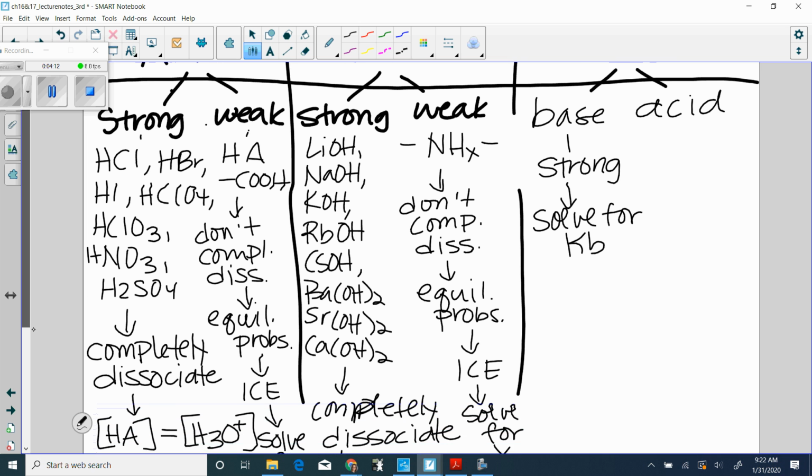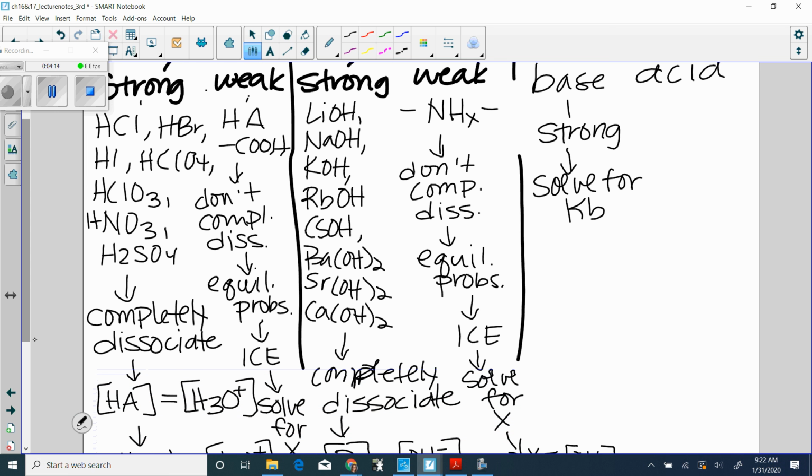This is a secret equation we haven't really used yet. Kw equals Ka times Kb. Kw is 1.0 times 10 to the negative 14th. We're going to solve for Kb. Once we have Kb, then we're just going to do our regular ICE equation.